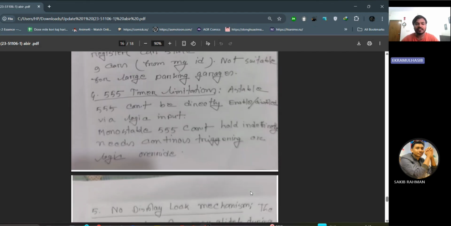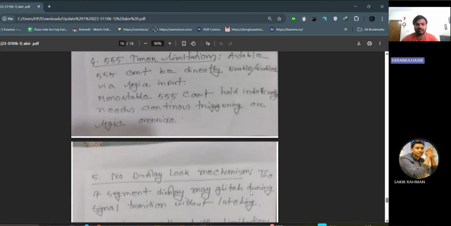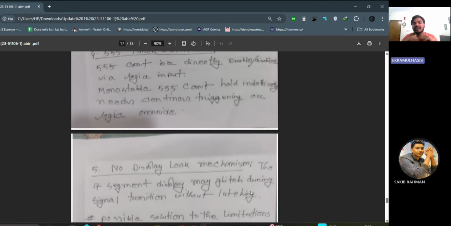So limitation parts answer is the 555 timer lacks a control or enable signal, making it unsuitable for dynamic digital control. The current counter is limited to handling only up to 9 cars. The system does not support real-time data logging and remote monitoring capabilities.